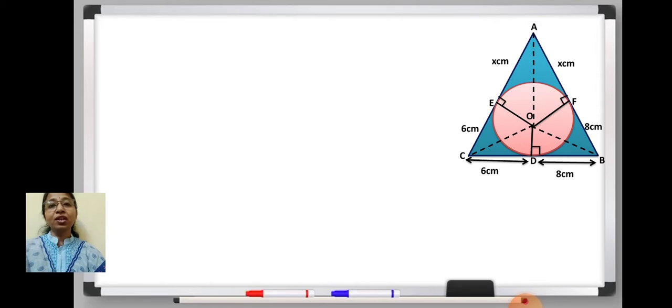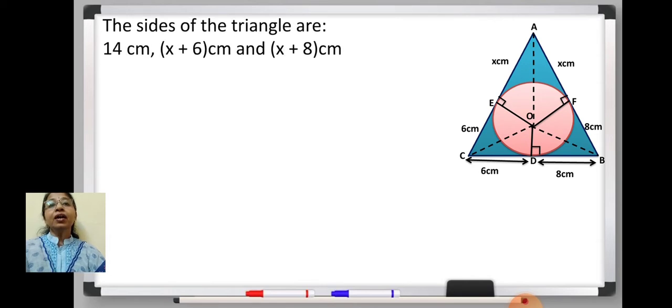So first of all we will find the area of triangle ABC, which is a scalene triangle, by Heron's formula. In 9th standard we have done enough sums on Heron's formula. The sides of the triangle are BC is 14, AC is x plus 6 and AB is x plus 8, right?